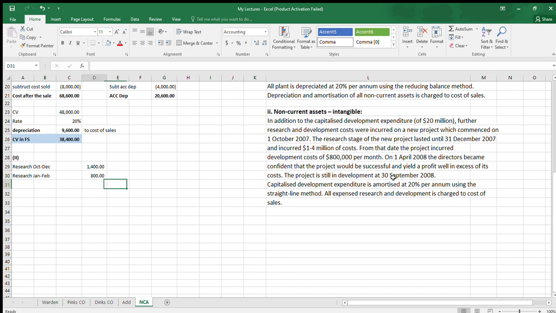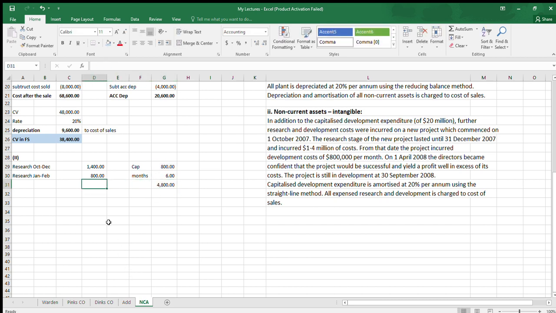So you capitalize $800,000 times the number of months, which was 6 months, which is 4,800.